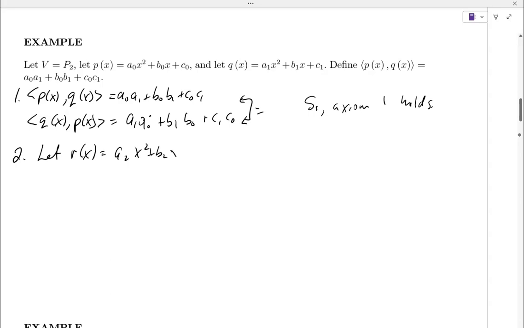Let's introduce a third polynomial here. I'll call it R of x. I need to show that the inner product distributes over sums. If I do the inner product in this order, what do you do first?